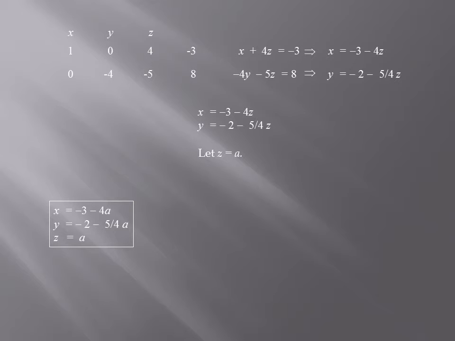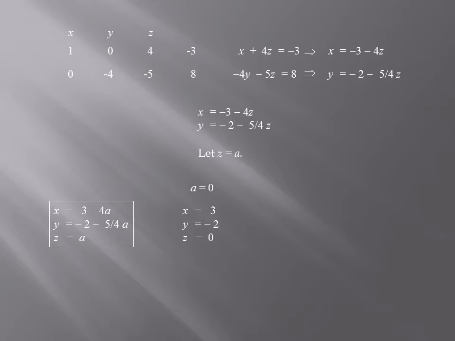To show how we can get a specific solution to this system from those equations, let's let a equal 0. If a equals 0, then x is equal to -3 minus 4 times 0. x equals -3. y equals -2 minus 5/4 times 0. y equals -2.